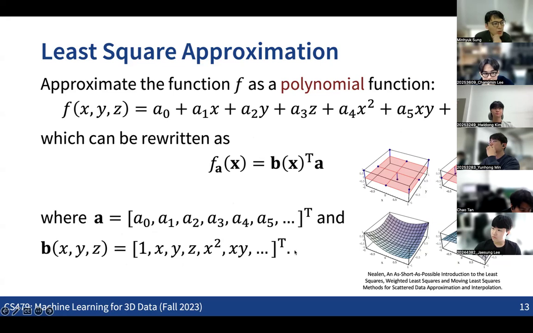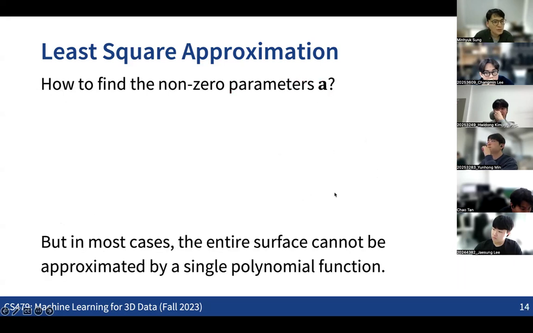So the goal is that we are going to find a polynomial function whose coefficients are not 0. If all the coefficients are 0, that becomes the trivial solution. We are going to find a function where some of the coefficients are non-zero. So how can we find such non-zero parameters?